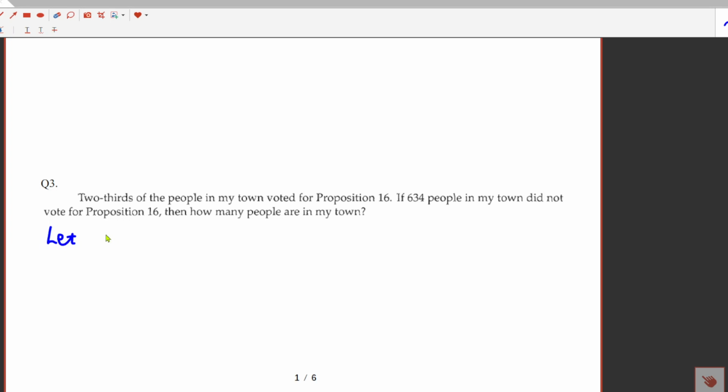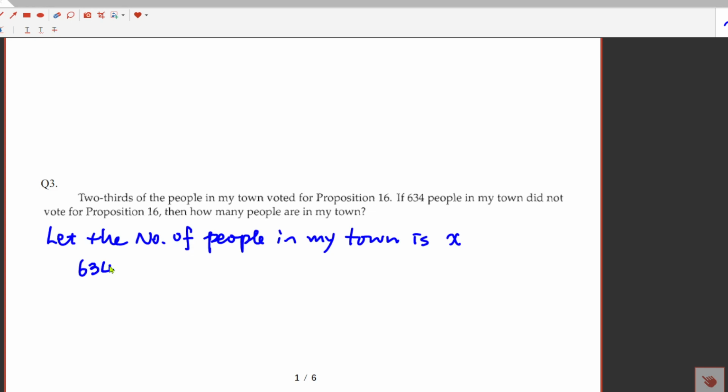It means we can let the number of people in my town be X. And according to the given information, we have 634 over X equals 1/3, right?